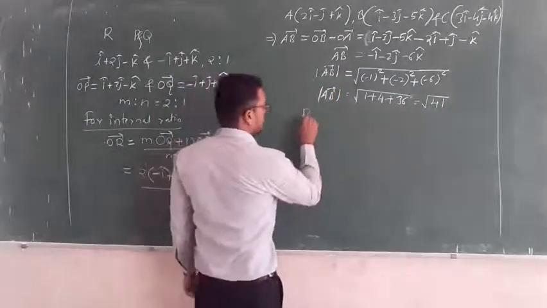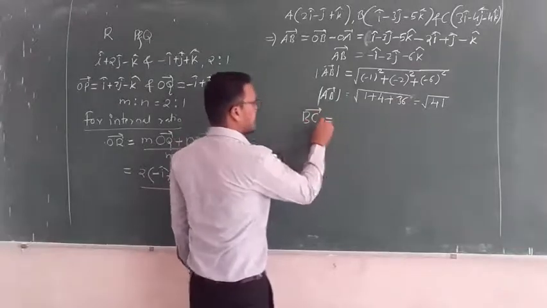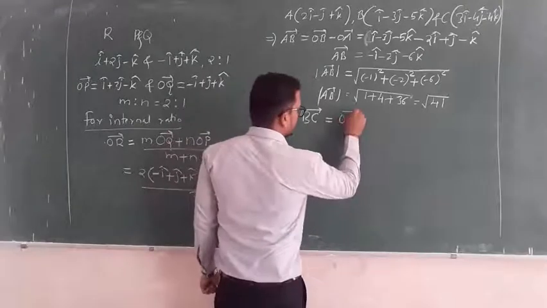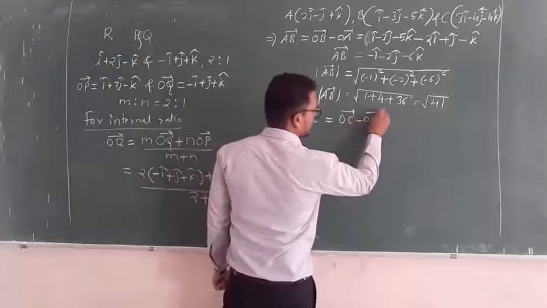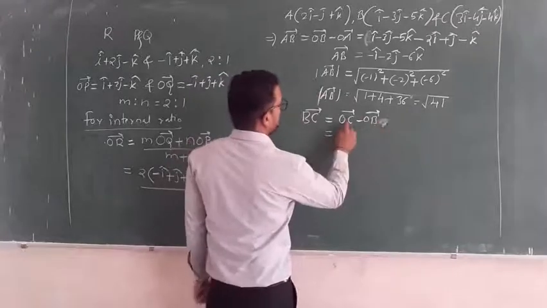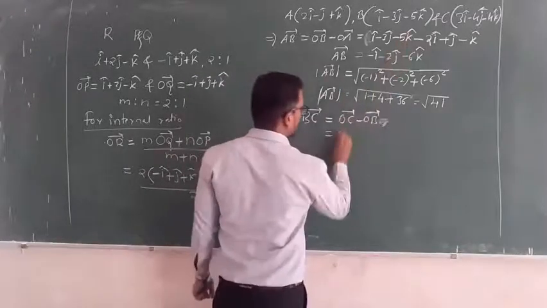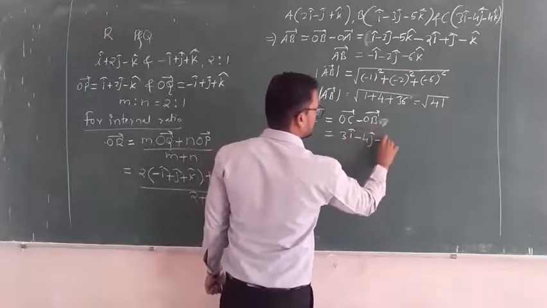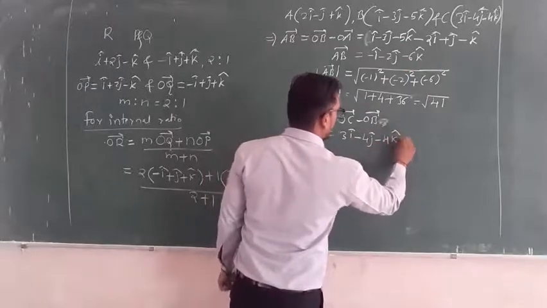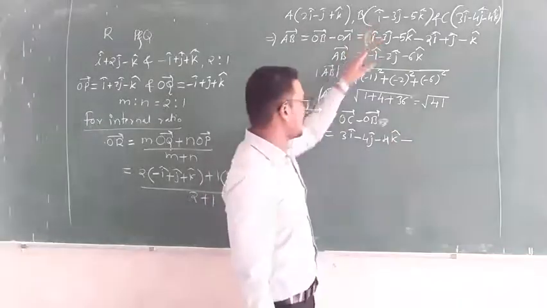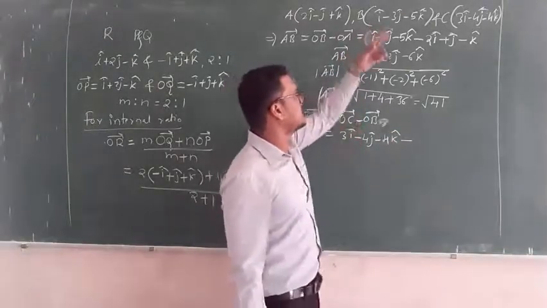Next you will find vector BC. How to find vector BC? That is OC minus OB. First you substitute OC. OC means at C point, that is 3i minus 4j minus 4k minus OB. OB vector is this, but having minus sign, so all the signs change.